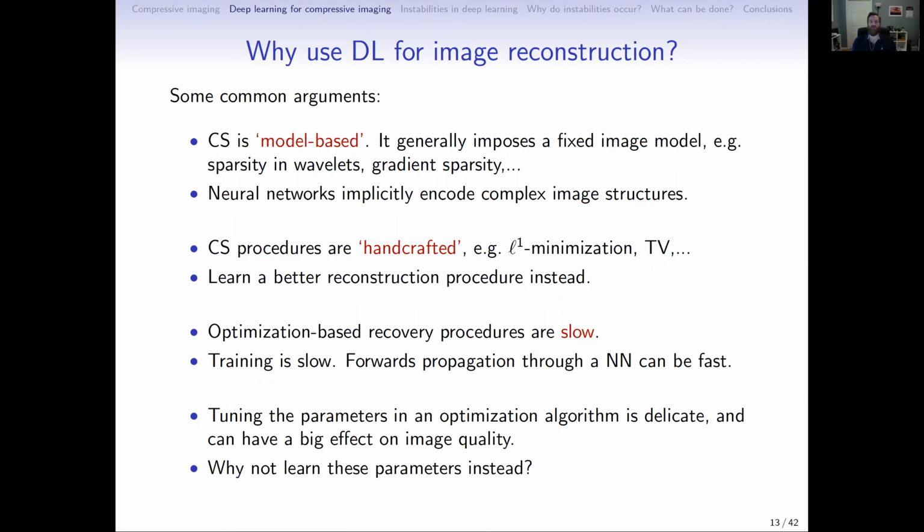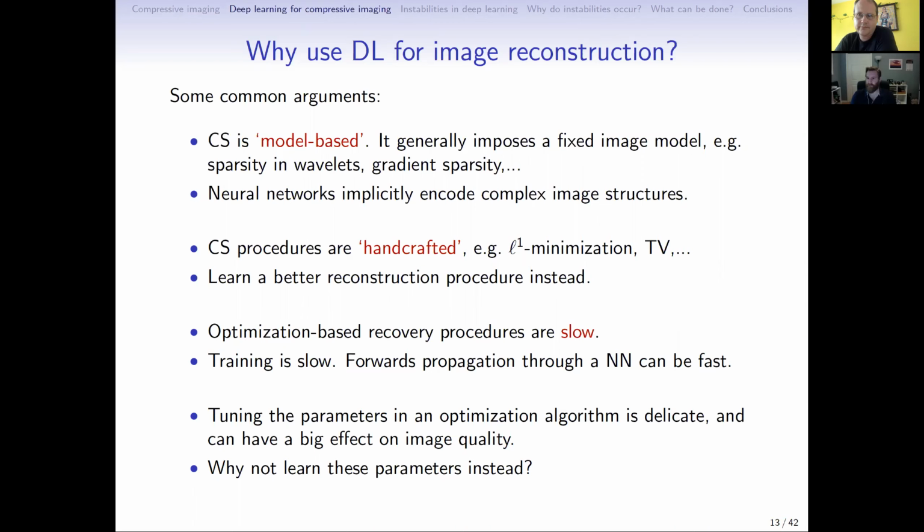In a sense, but it's a more complex model. So something like a sparsity model is a fairly simple union of subspace model, right? When we pick a neural network architecture, that's a much more complex model in some sense.